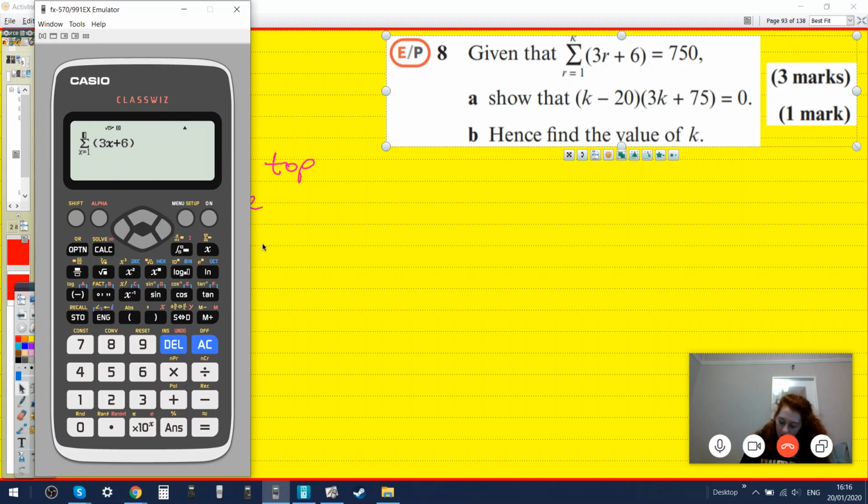Make it into a quadratic. So that's what part A is for. Yeah. Tell me if you're stuck.